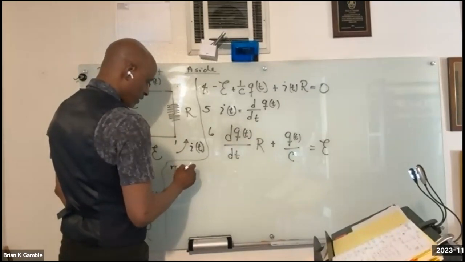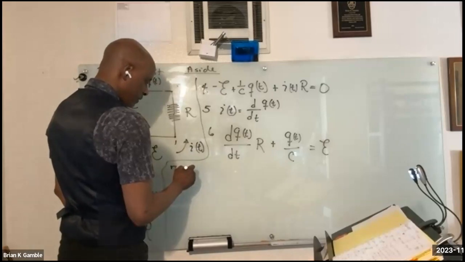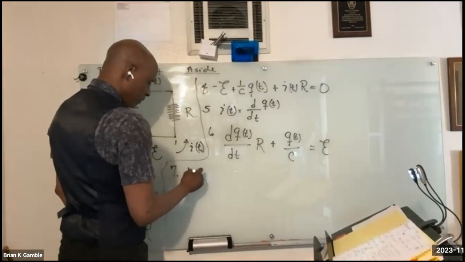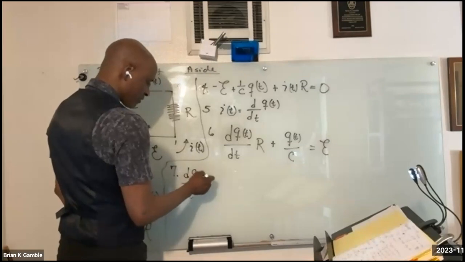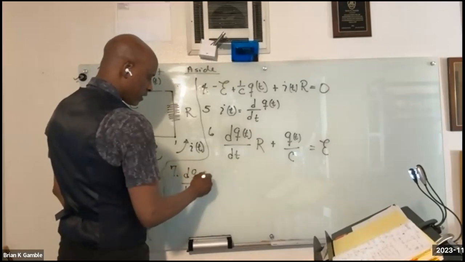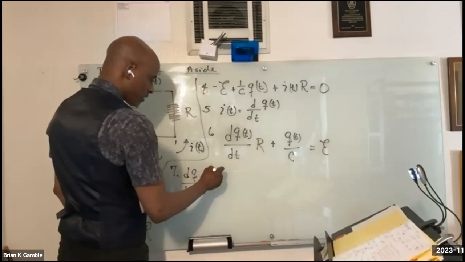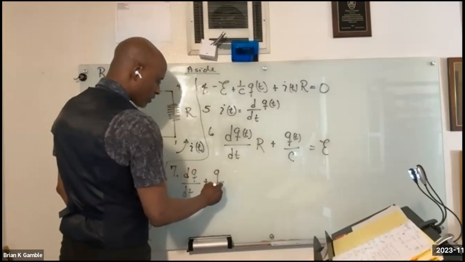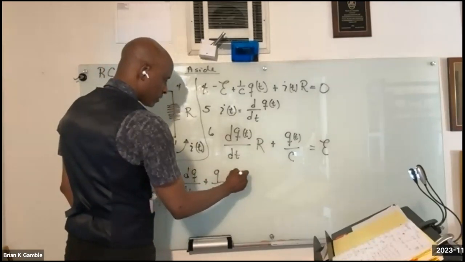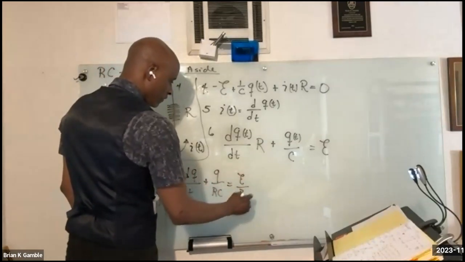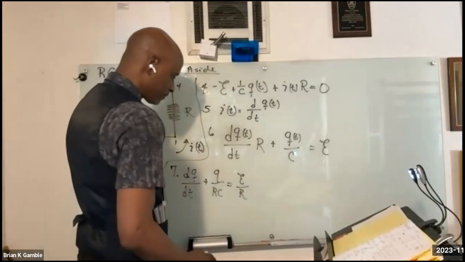That will give me dq dt. I'm going to drop the time dependence just for space, the explicit dependence. Then plus q over RC equals E over R.